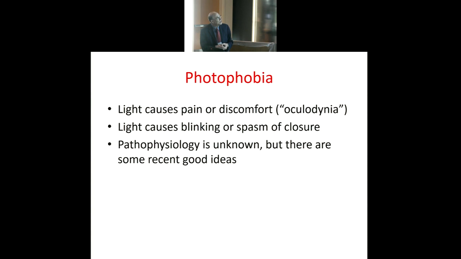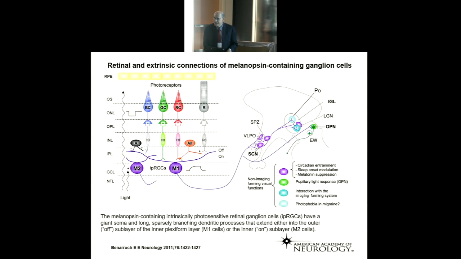So in terms of the way the eye receives light, there are a number of photoreceptors, the blue cones, green cones, red cones, and rods. They are the important photoreceptors that focus an image and give you things that you can see. But there are also other cells in the retina, and these are cells that contain an interesting substance called melanopsin.